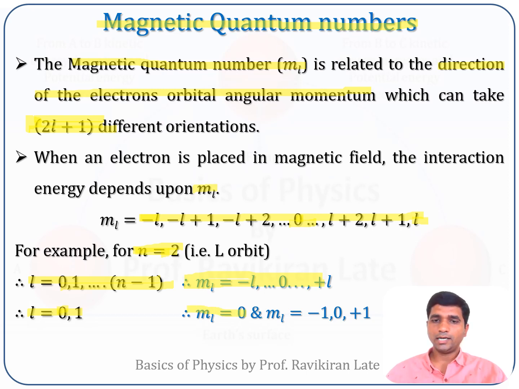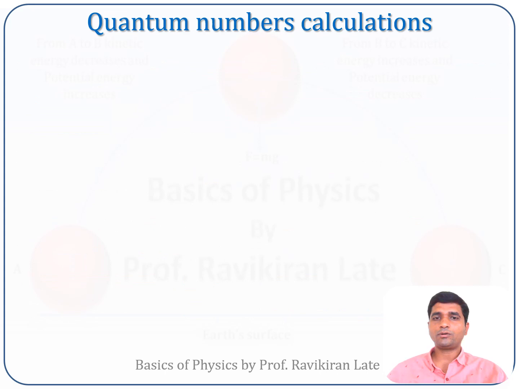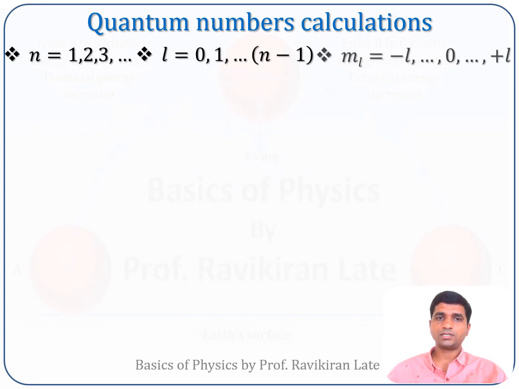And for l equal to 1, ml can be minus 1, 0 and plus 1. So these are the different values of ml. Means for a given principal quantum number n, you have an orbital quantum number l, and for a given orbital quantum number you have a magnetic quantum number. We will try to calculate these quantum numbers for a few orbits.